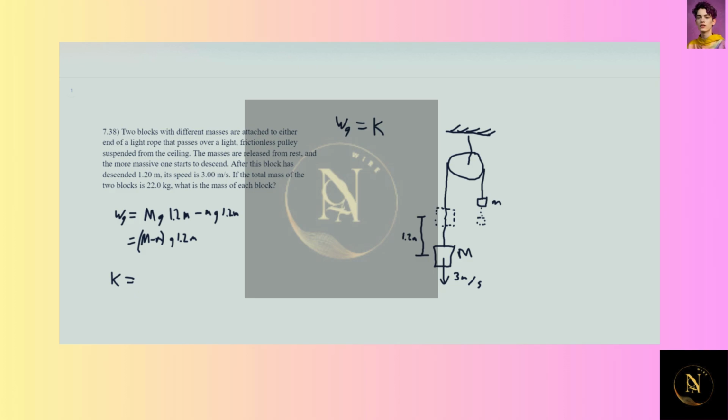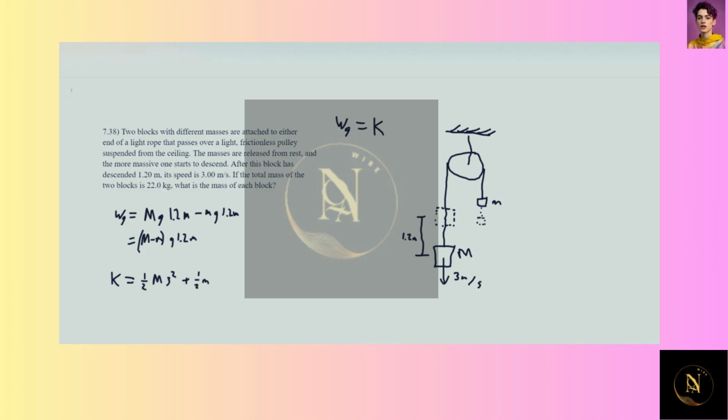Okay, so then our K is going to be the kinetic energy of the masses. So we have 1/2 big M velocity squared. So that's going to be 3 squared. And it's going to be plus, because kinetic energy has to be positive, plus 1/2 little m.